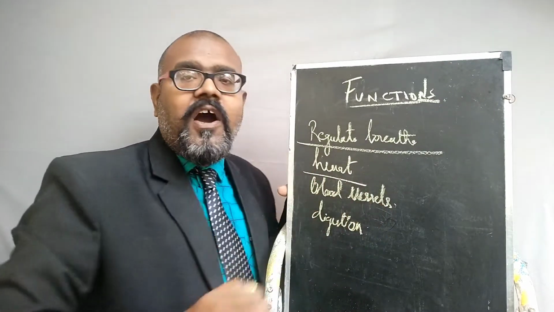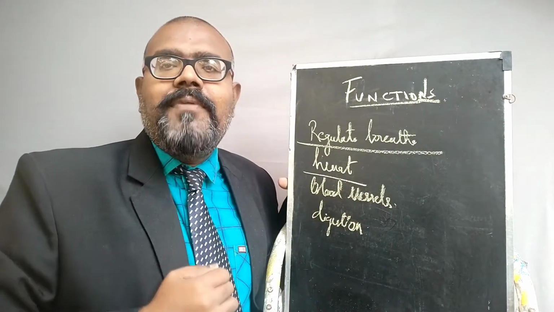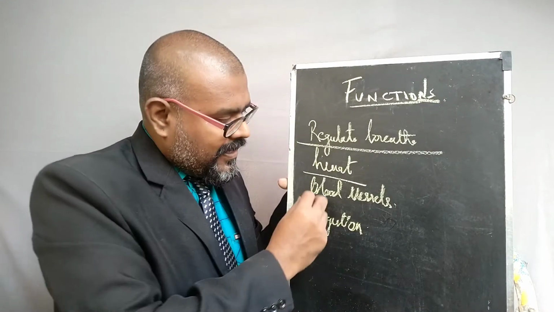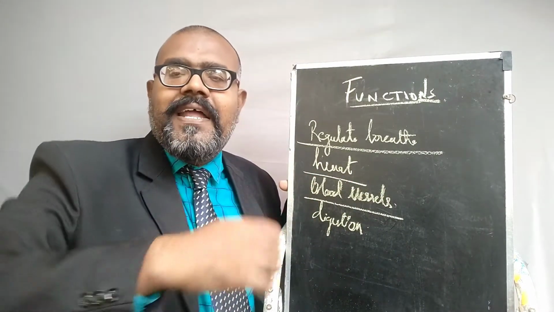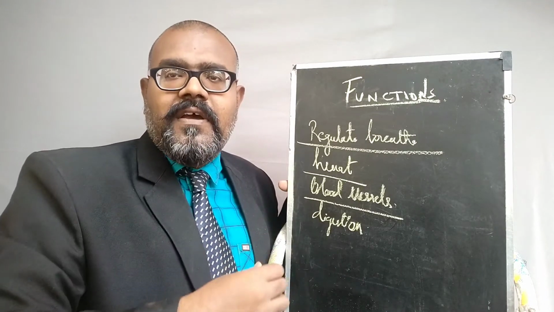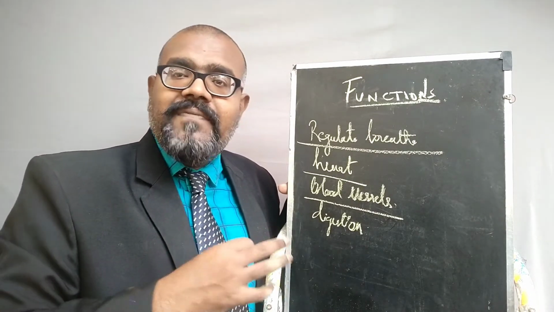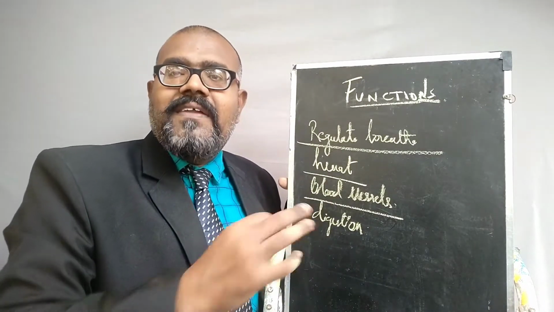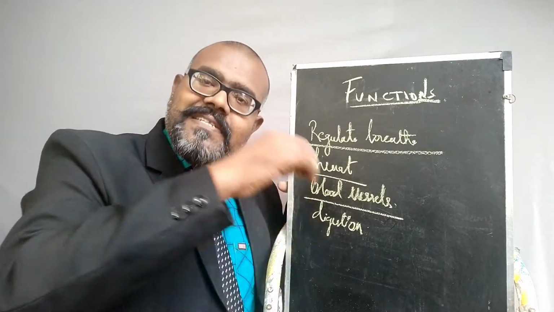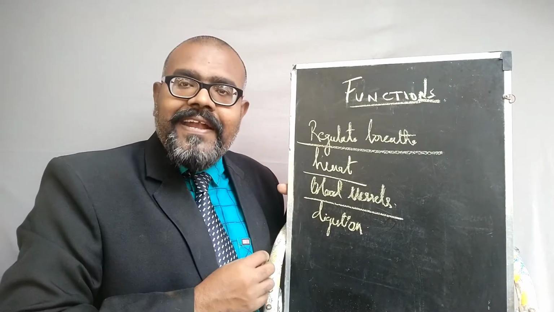Then your cardiovascular system, that is the human heart, can be controlled by the medulla oblongata. And then your blood vessels management, your blood vessel pressure. We already said that the pressure difference happens in arteries and veins. That particular pressure variation in the blood vessels can be controlled by this medulla oblongata.